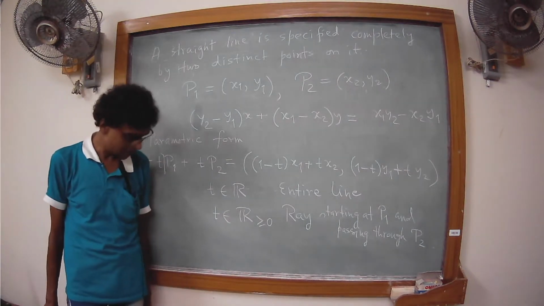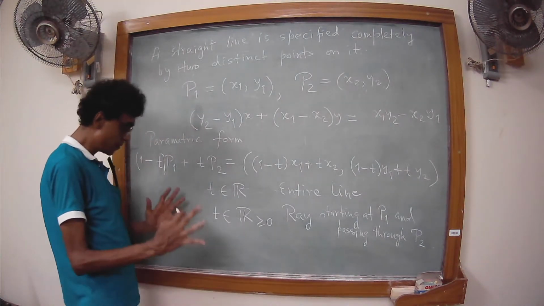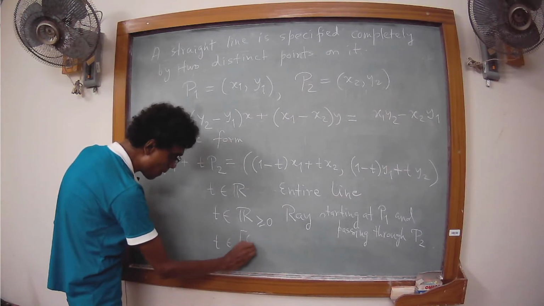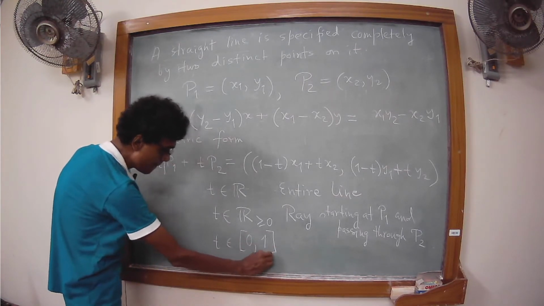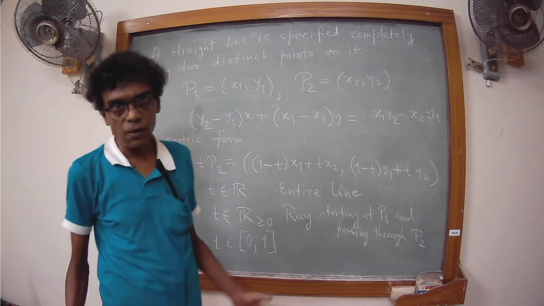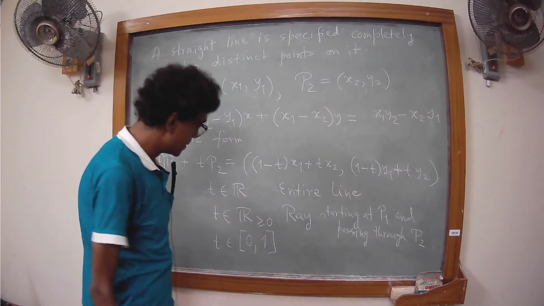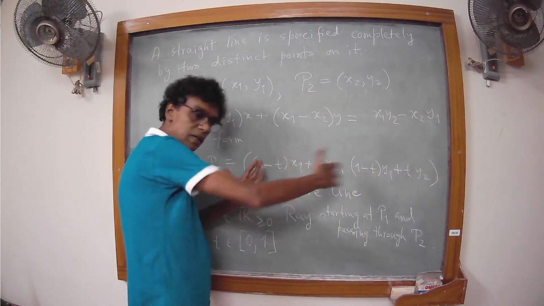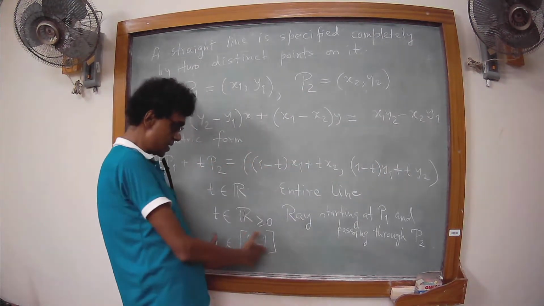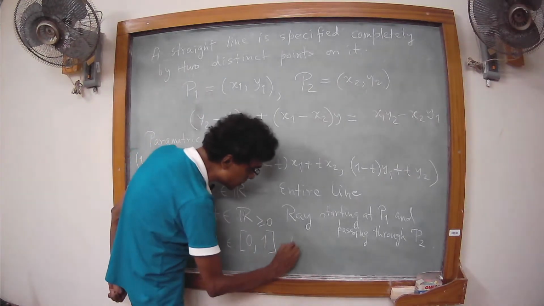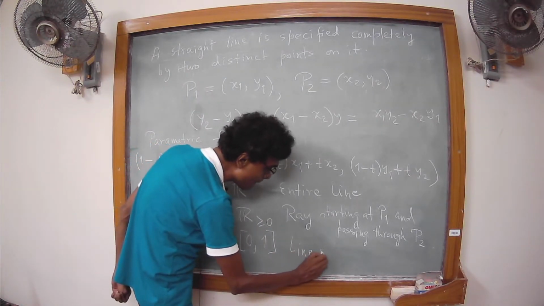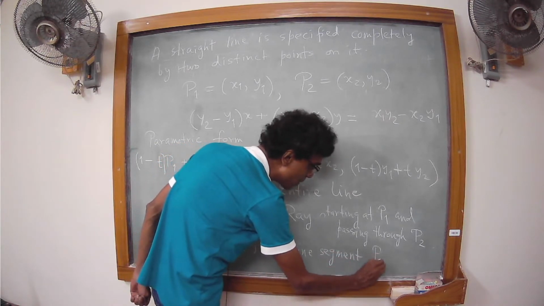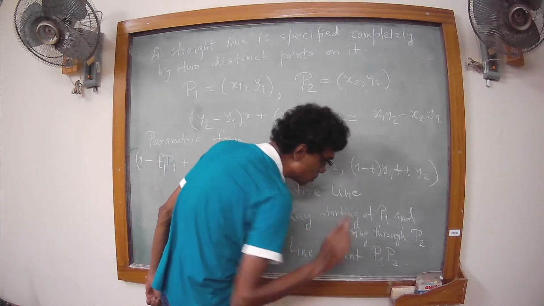Finally, there is another very important range of t. If t is allowed to assume values in the closed interval 0, 1, then all the points that we get by putting all the values of t in this restricted range is basically the line segment P1, P2.